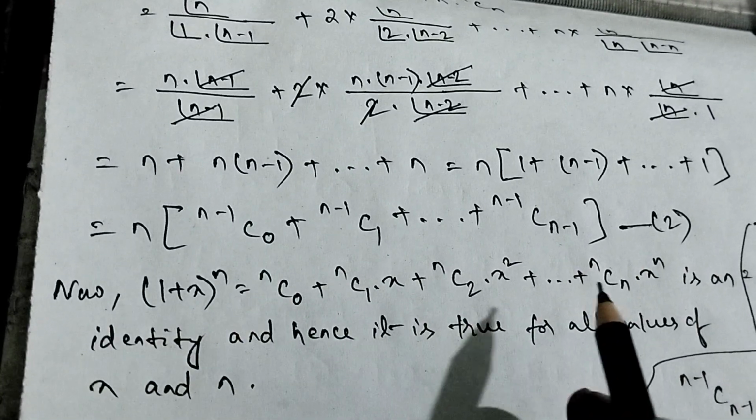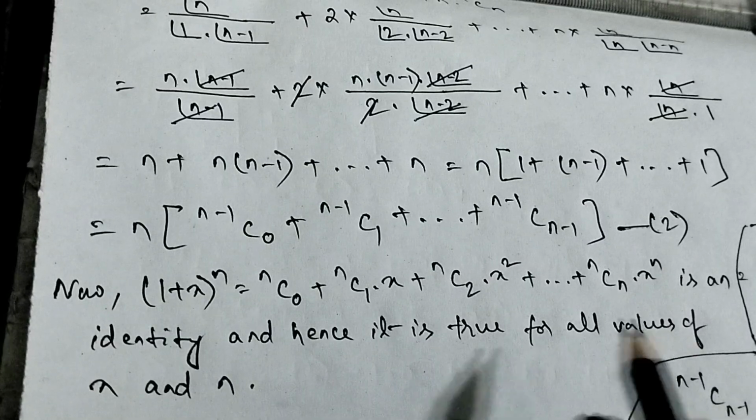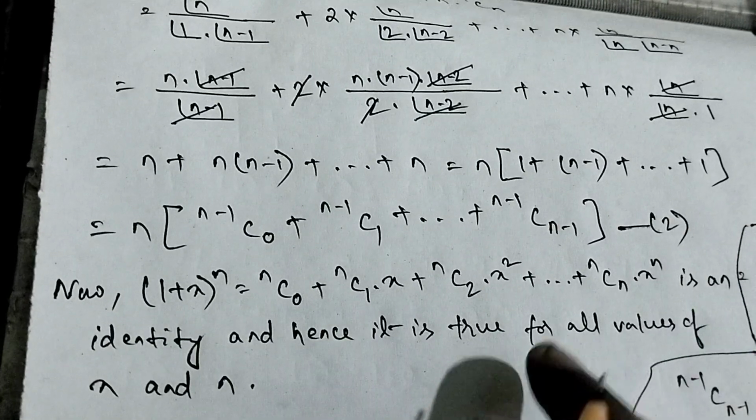Since it has been given, this is an identity and hence it is true for all values of x and n, right?